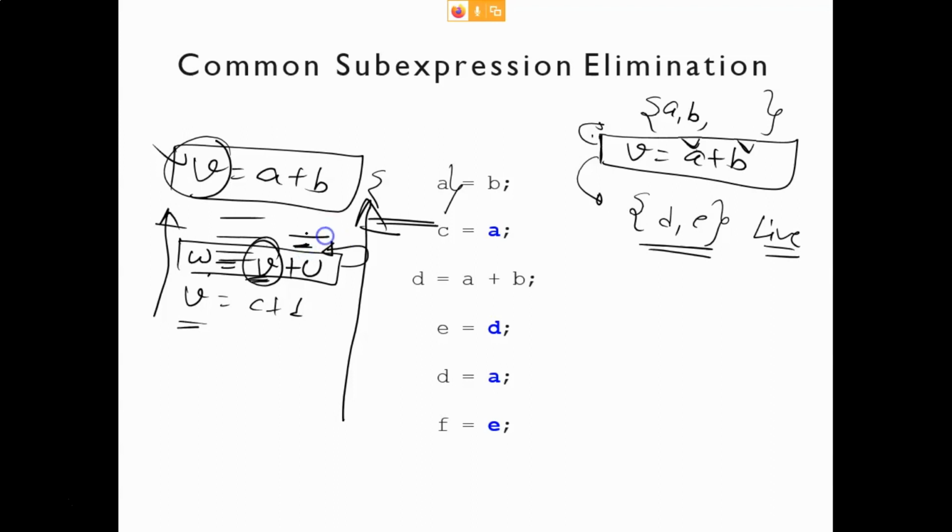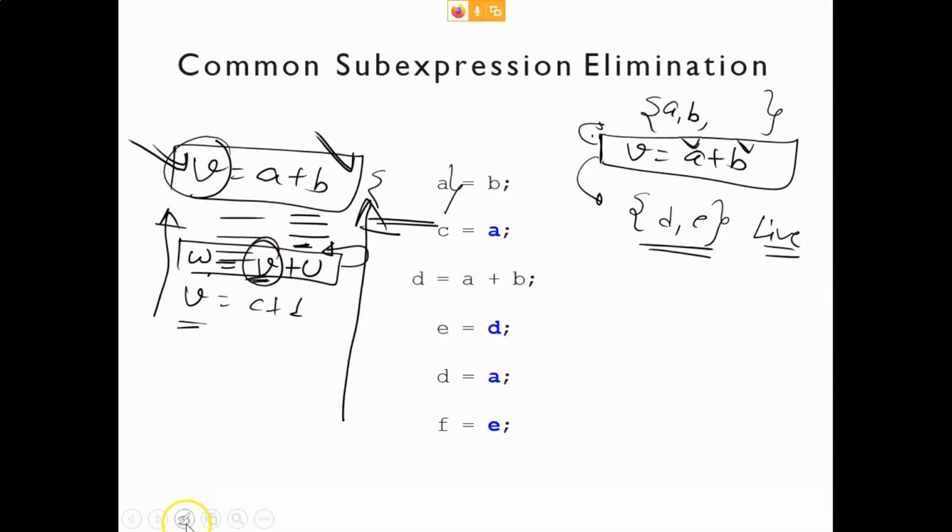Then you go step by step, checking every instruction. When you reach another statement and at that time v is alive, then you will say that v is also alive there.